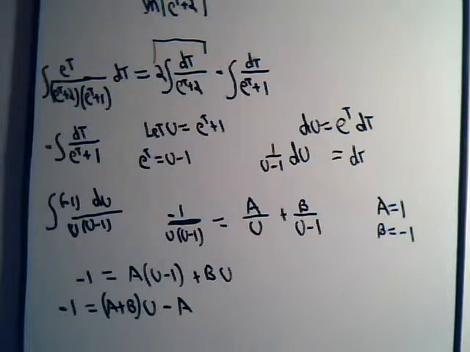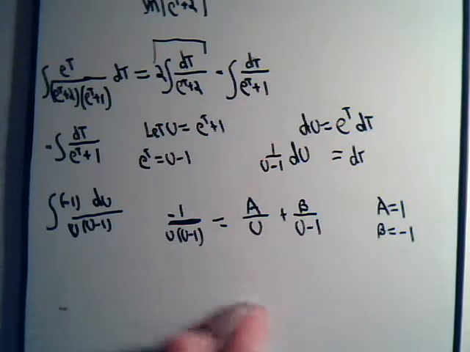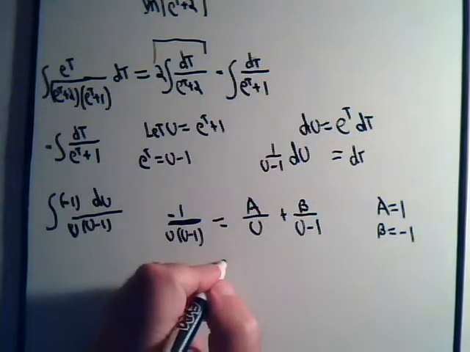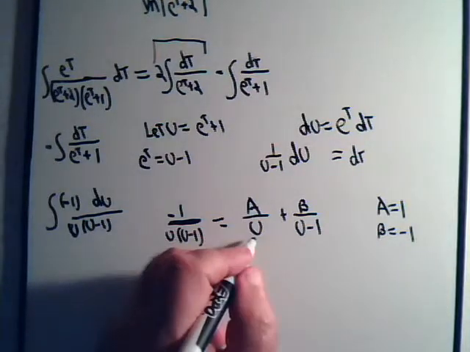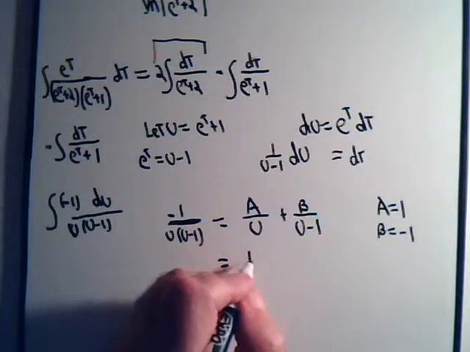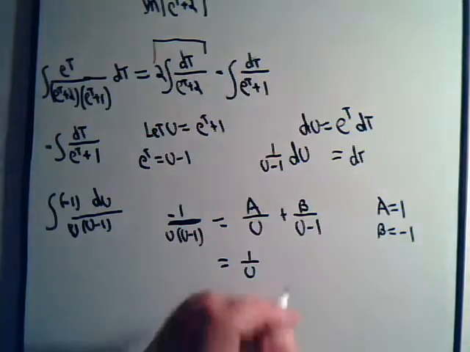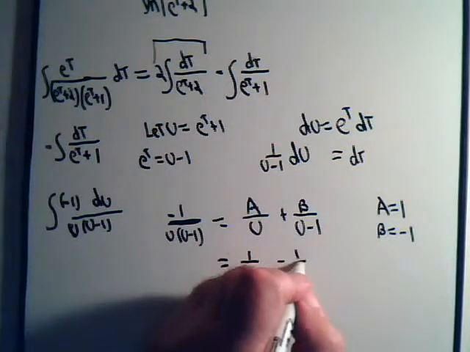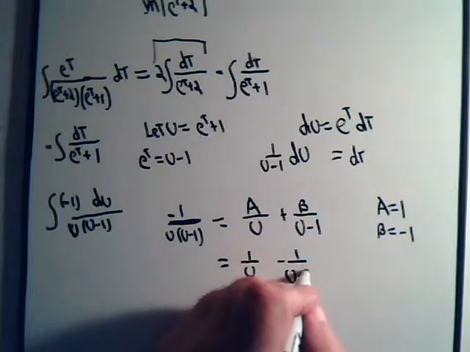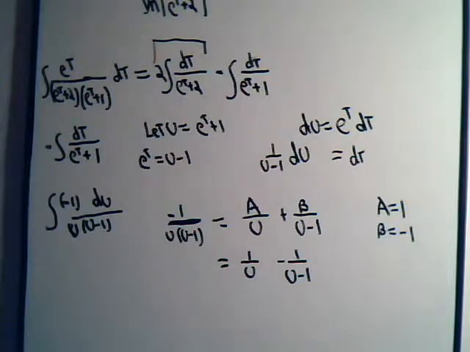So let's make some more room here. We should be able to get this wrapped up pretty quickly, it looks like. Here we have a over u, 1 over u, and here we have minus 1 over u minus 1.